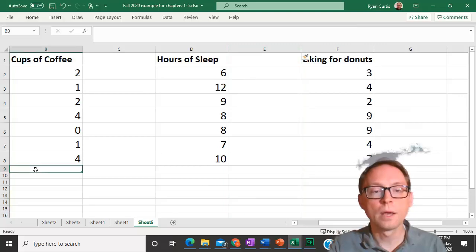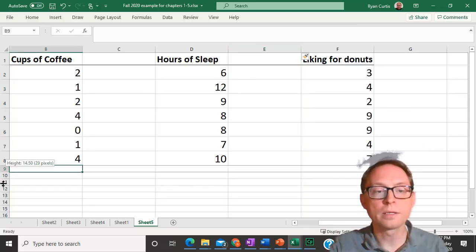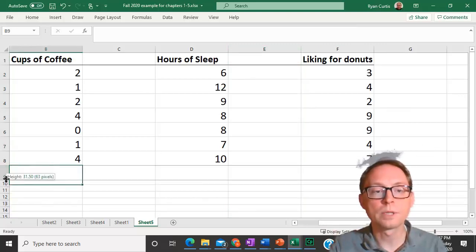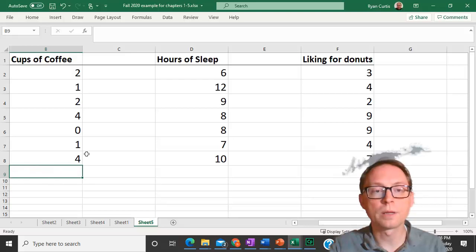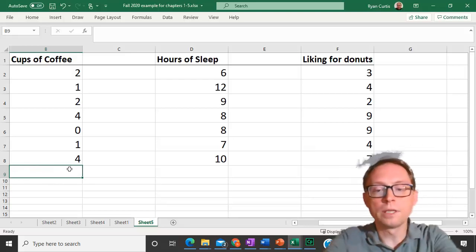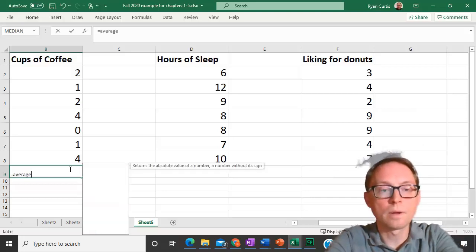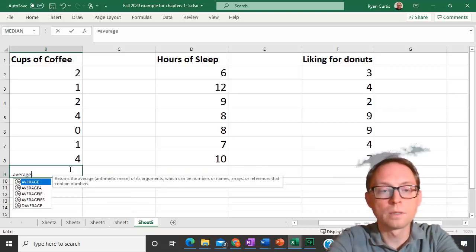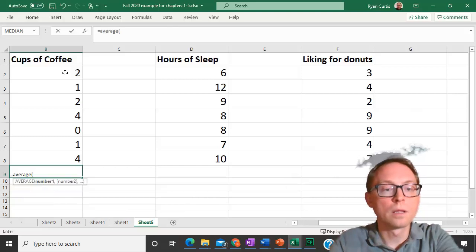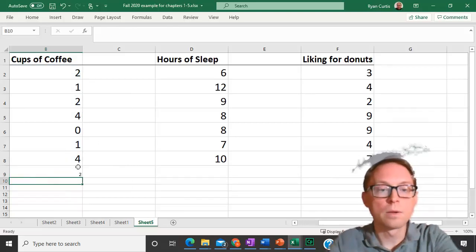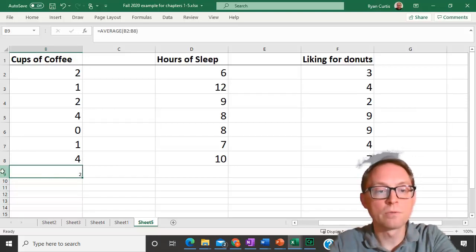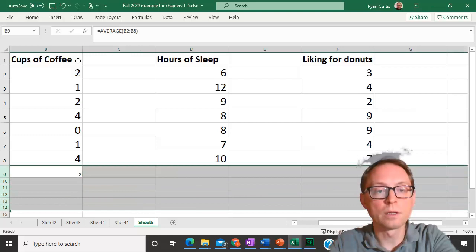Okay. And then this value right here is going to be the mean. I'm going to make that not quite so big. This is going to be the mean for cups of coffee. So 2 is the average amount of cups of coffee for this particular data set.